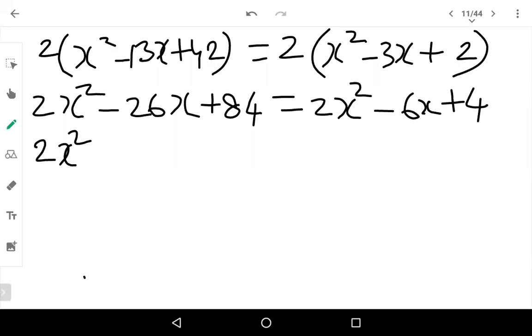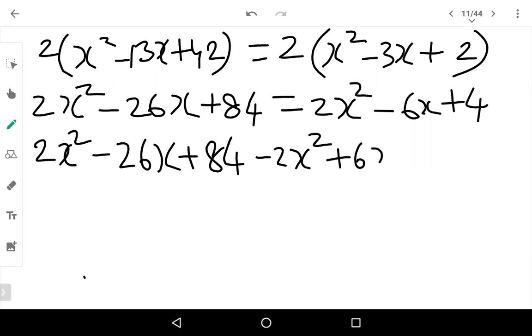So 2x square, next minus 26x plus 84 will remain as it is, and I'm going to get the expressions from the right hand side. So minus 2x square plus 6x minus 4 is equal to 0.